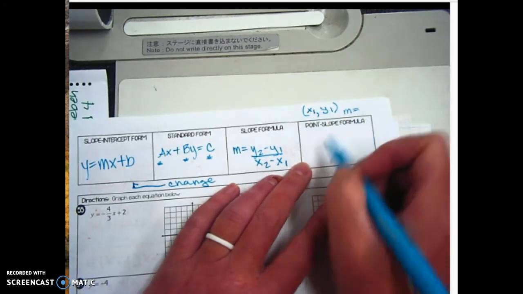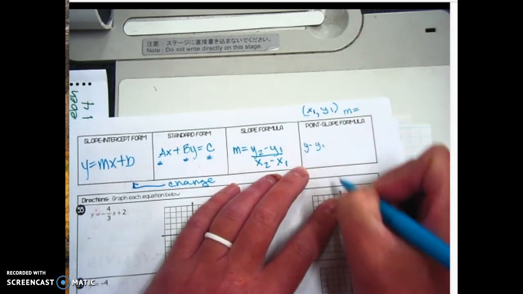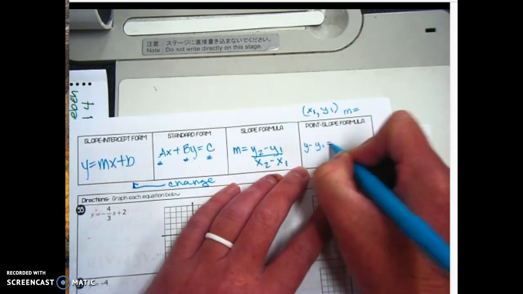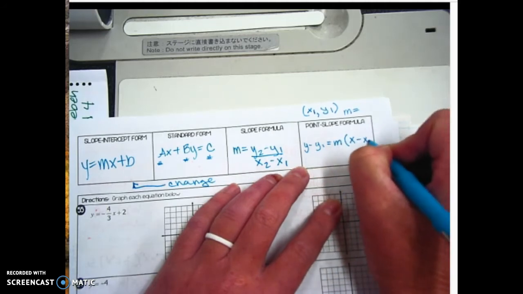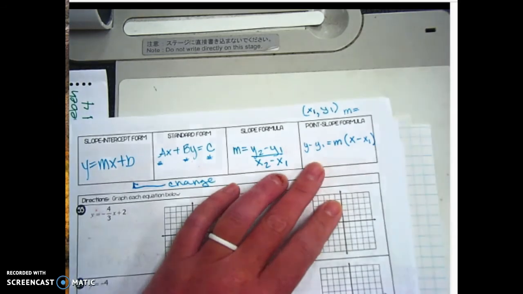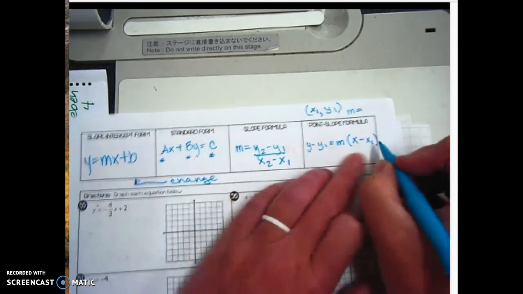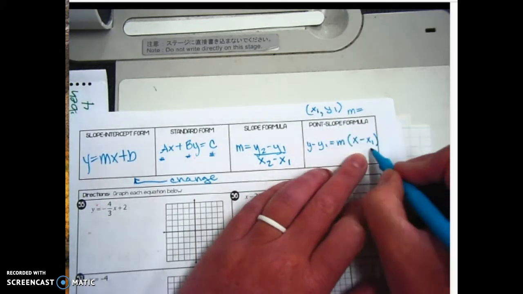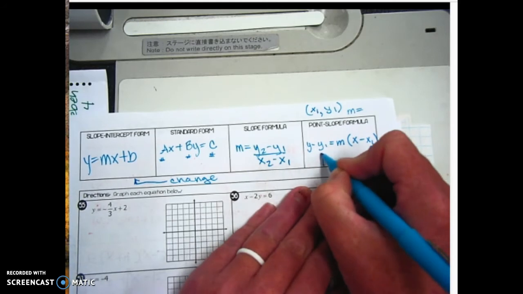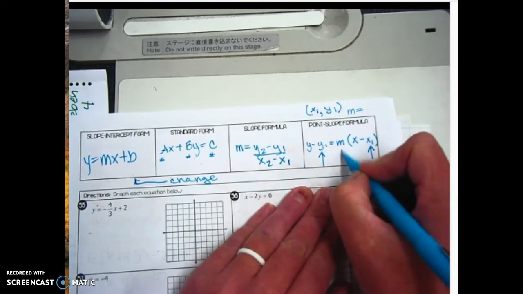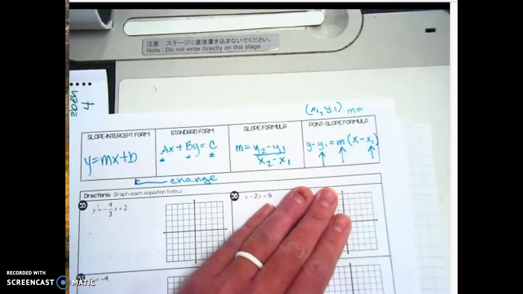These 3 numbers are plugged into y minus y1 equals m times x minus x1. This one looks confusing because it has x twice, but the only number you plug in is for this x, the y you plug in for this y, and the m you plug in here. So that's the 3 places you plug in with that one.